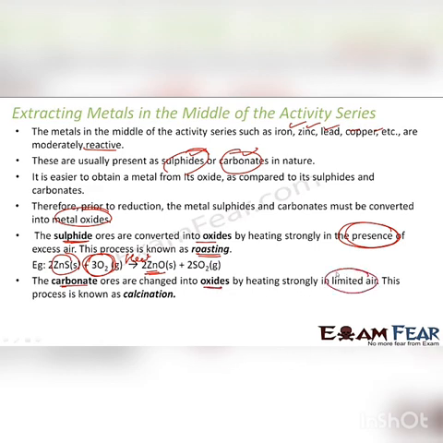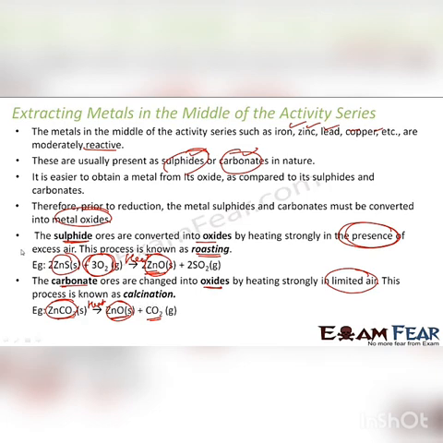And this process is called calcination, because if you see, there is no oxygen required here, right? So you have zinc carbonate, you heat it, it becomes zinc oxide and carbon dioxide. Correct? So zinc carbonate is a carbonate ore, you convert this to oxide. Here also zinc sulfide, you made it into zinc oxide, because it is easy to get zinc from zinc oxide.